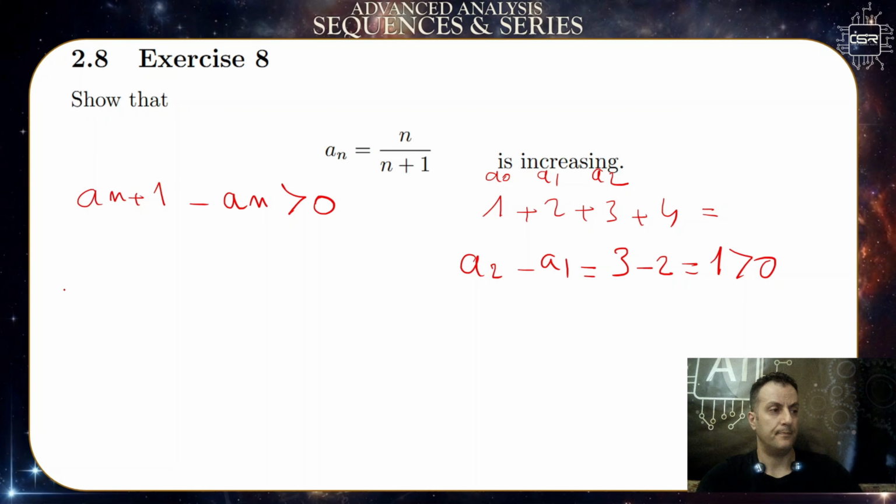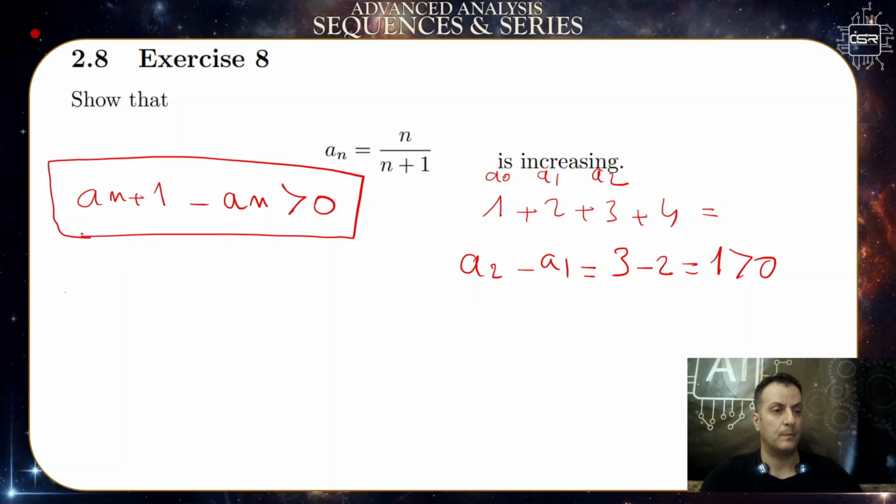So, let's check for a_n. We are trying to apply this formula. a_(n+1) minus a_n should be greater than 0 to prove that it is increasing. a_(n+1) is equal to, we simply replace n by n plus 1.